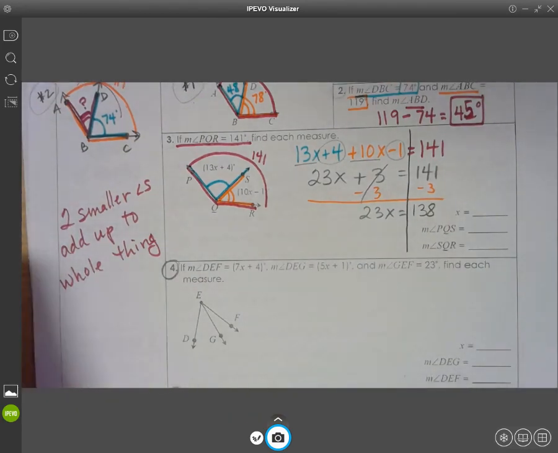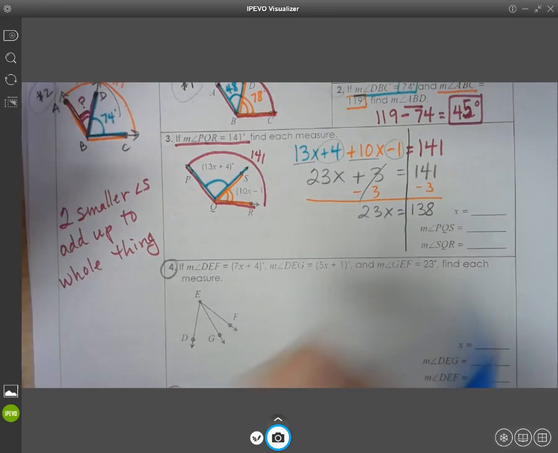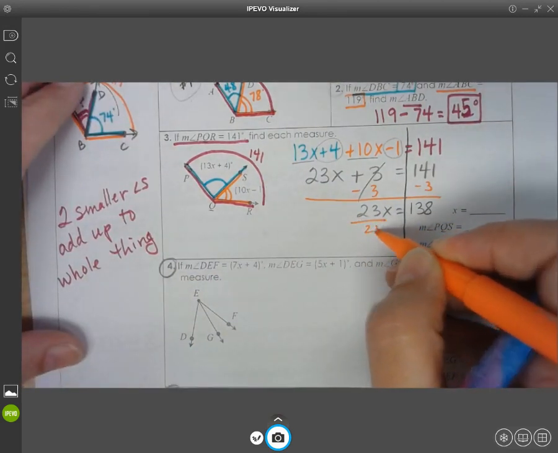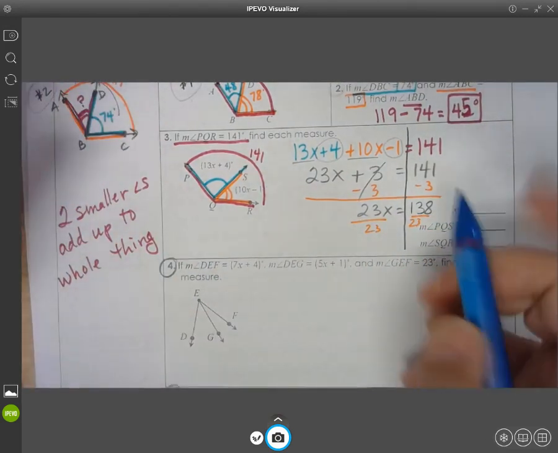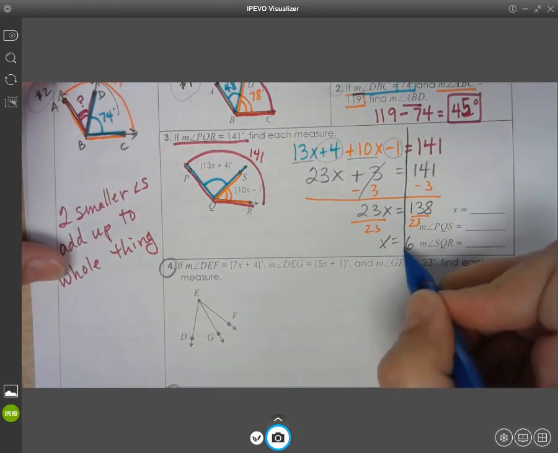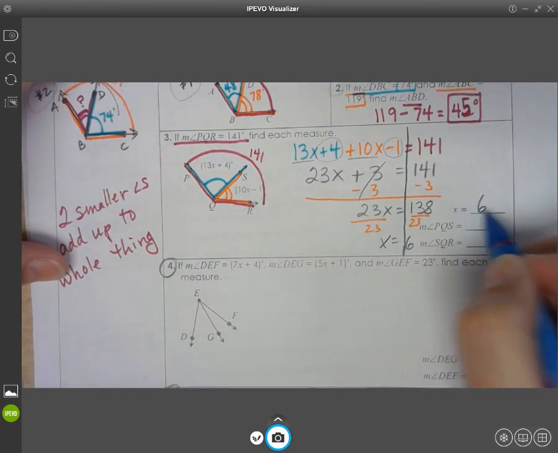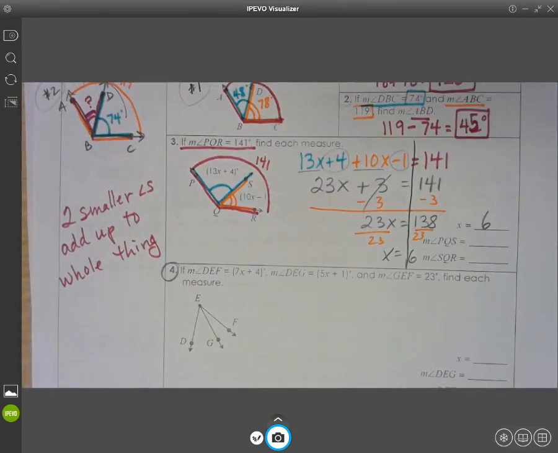I'm going to grab my calculator. 138 divided by 23. Divide both sides by 23. X equals 6. And again, you should get a pretty nice answer for each one of those.